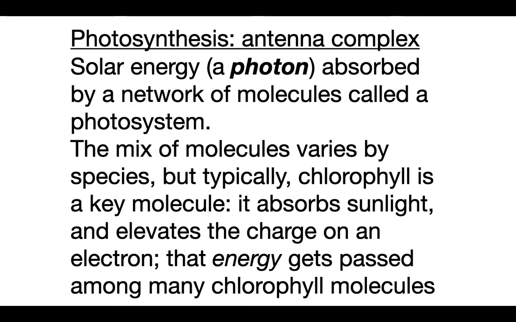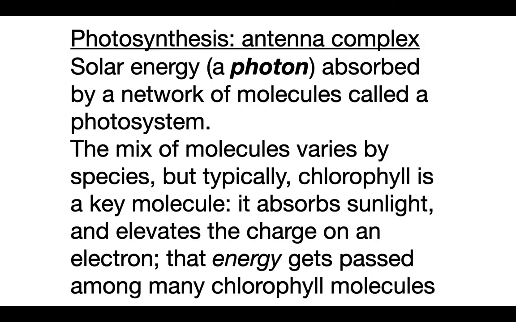We start when we're absorbing light with what's called an antenna complex. And it's called an antenna because an antenna is anything that absorbs electromagnetic radiation. The antenna for your radio in your car can receive radio waves. Radio waves are a form of electromagnetic radiation. They are fundamentally not different from visible light.